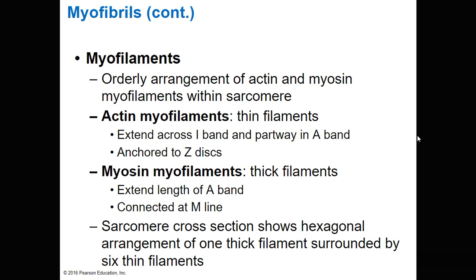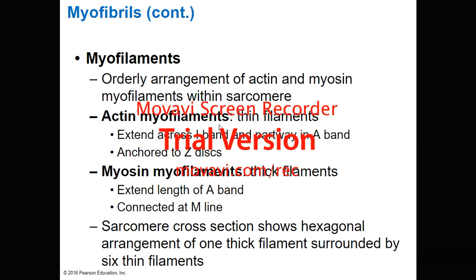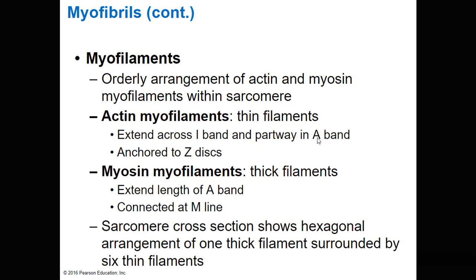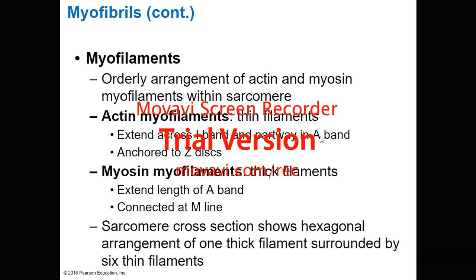The I band is nothing but thin filaments, and the A band is an entire thick filament but has overlapping thin filaments. In the A band, you have that bare H zone, which has no thin filament, so that's why thin filaments are only partly in the A band.